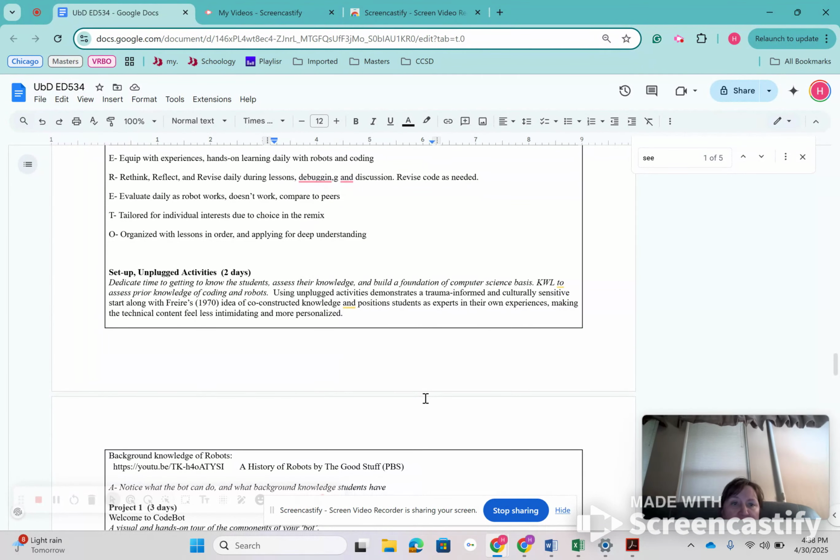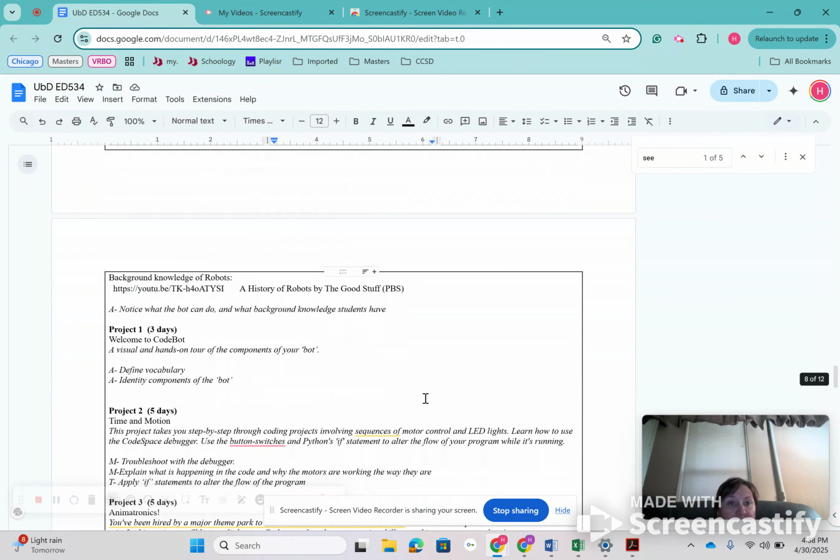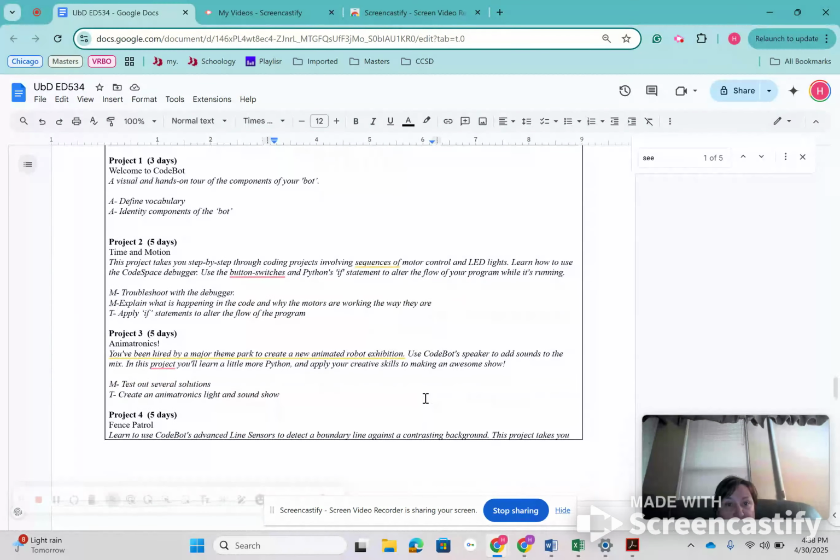And this, I felt, goes along with Freire's co-constructive knowledge and shows that it's trauma informed and being sensitive to any cultural differences because we're looking at what knowledge they have ahead of time to let them all have a starting access point. It makes it more personalized as well.